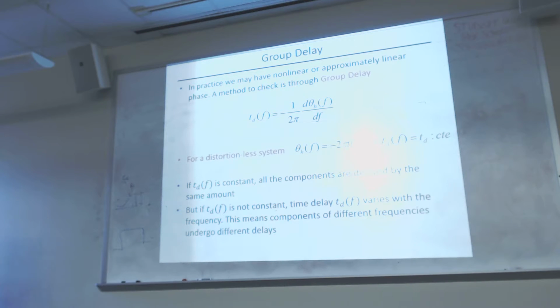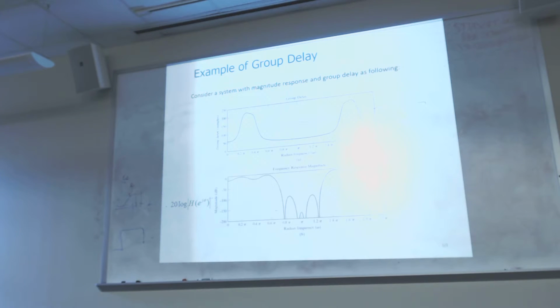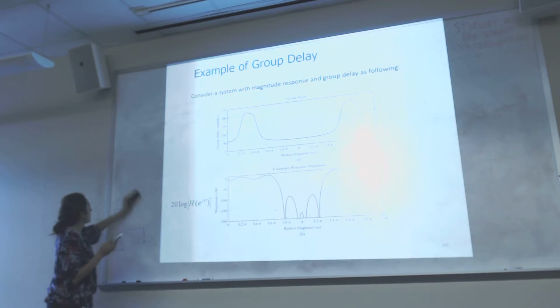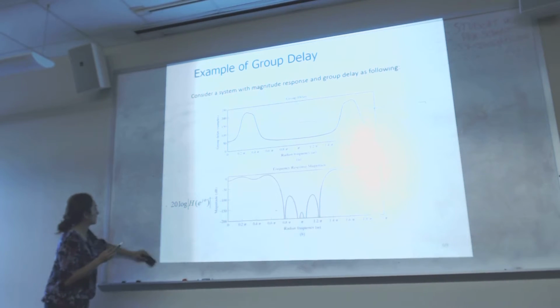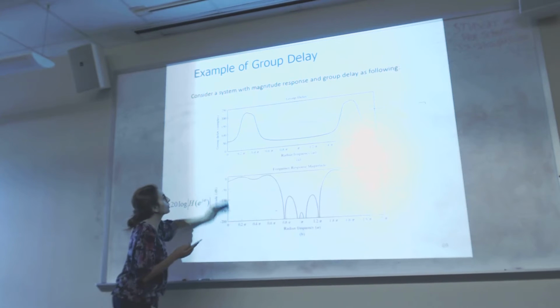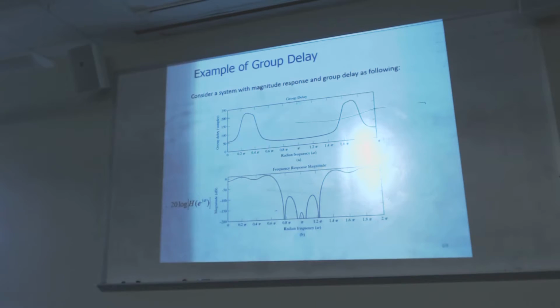Now I have brought a very nice example. This is not in your book, this is from a digital DSP class that I was teaching before, but it really shows the idea. Suppose I have a system, and this is the Fourier transform.